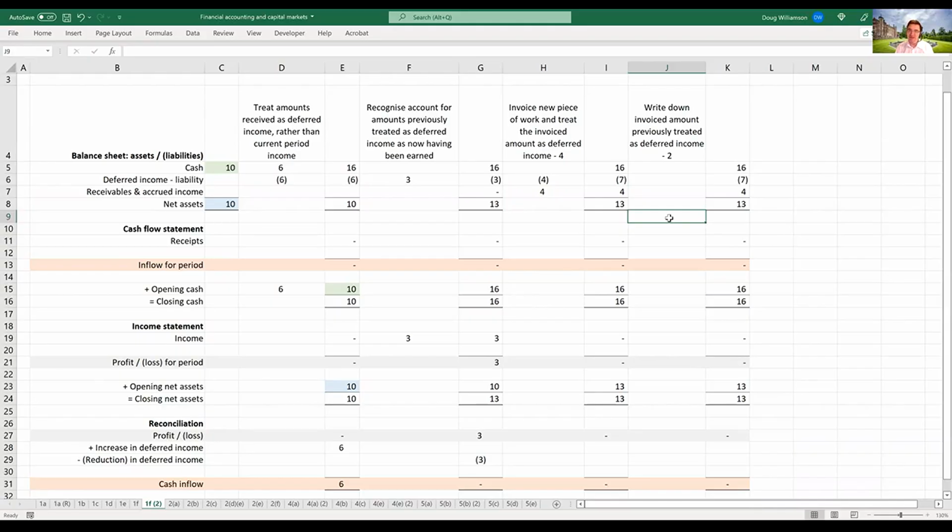So the write down is a reduction in the receivables. The receivable reduces by 2. The customer, we have agreed with the customer, owes us not 4, but 2 now.